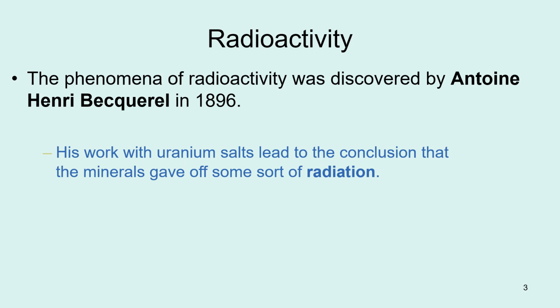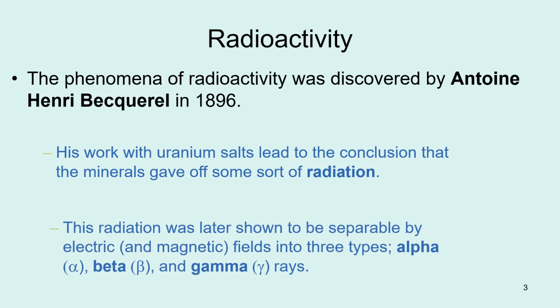I think it had to do with photographic plates. Later on, this radiation was shown to be smaller particles, and that you could separate them with a magnetic field, so there were different charges on these particles. The three main types of radioactivity, there's actually more than this, but the first three we're going to talk about are alpha, beta, and gamma.